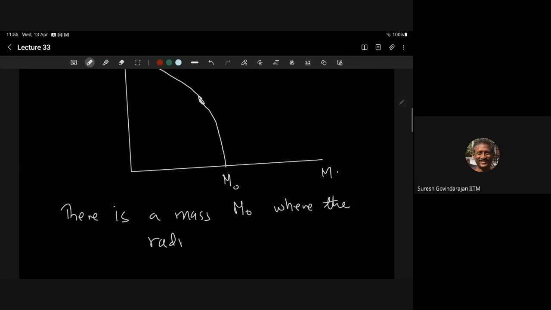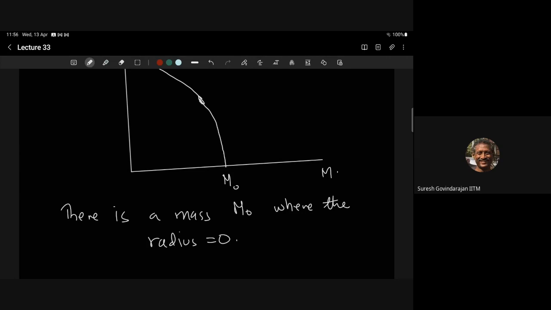Okay, dR by dM is 0. What does this mean? So at this point, what is keeping the star from completely collapsing is the pressure from the electron gas. What this says is that once your mass reaches m naught, you will find that the star can no longer be kept.